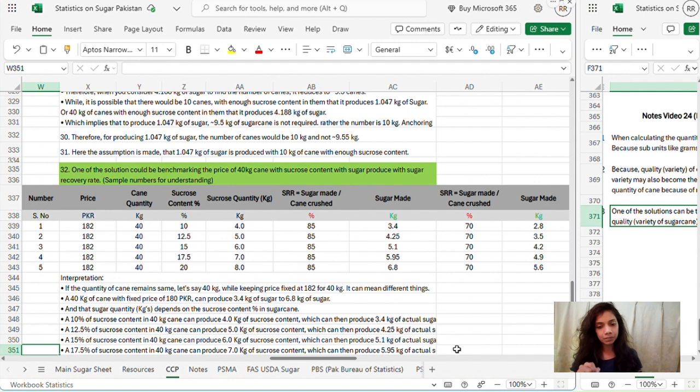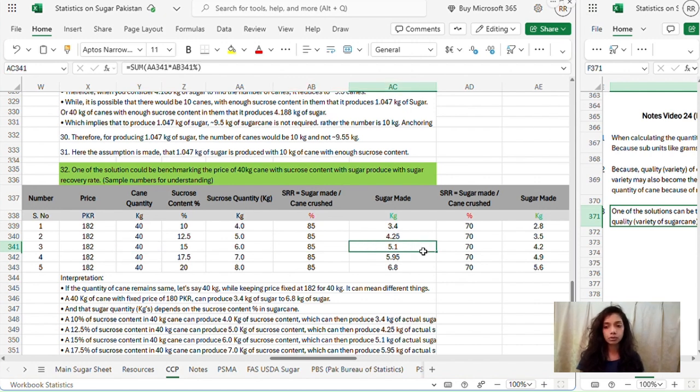At this preliminary stage, in addition to benchmarking the quantity of cane and the price of cane, let's say 182 per 40 kg, the quality of cane can also be benchmarked, the one that ascertains that at this sugar recovery rate, it produces this much amount of sugar.